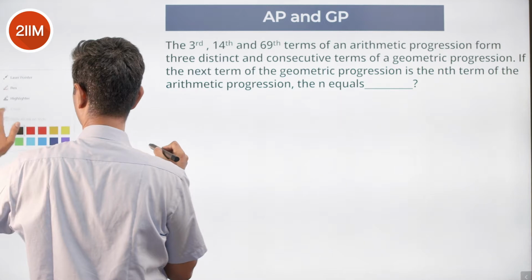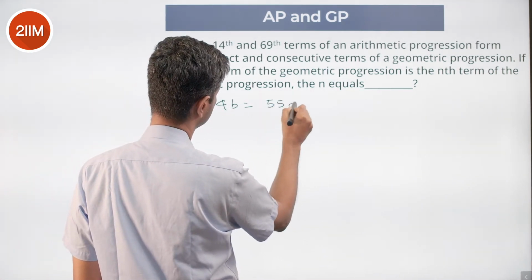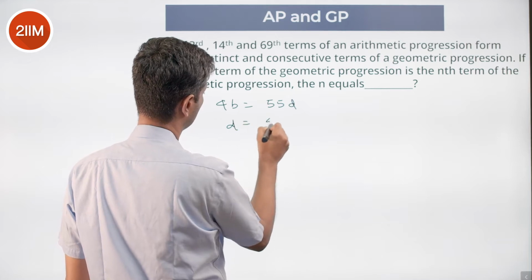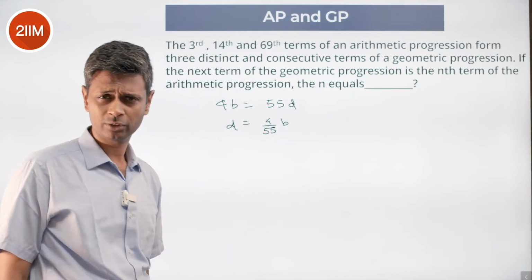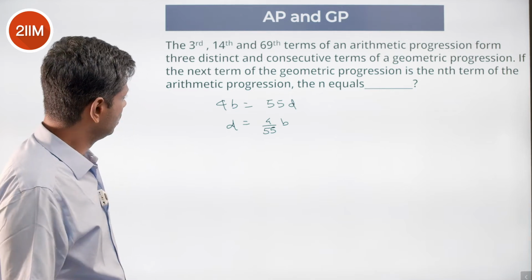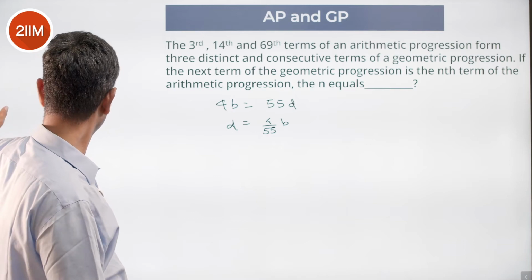4b equals 55d. d is 4 by 55 times b. Nice, wonderful. What is the next term of the geometric progression?